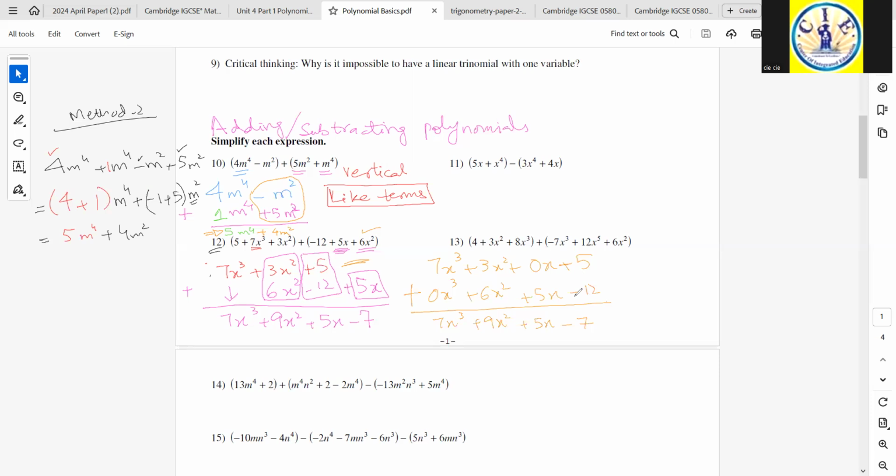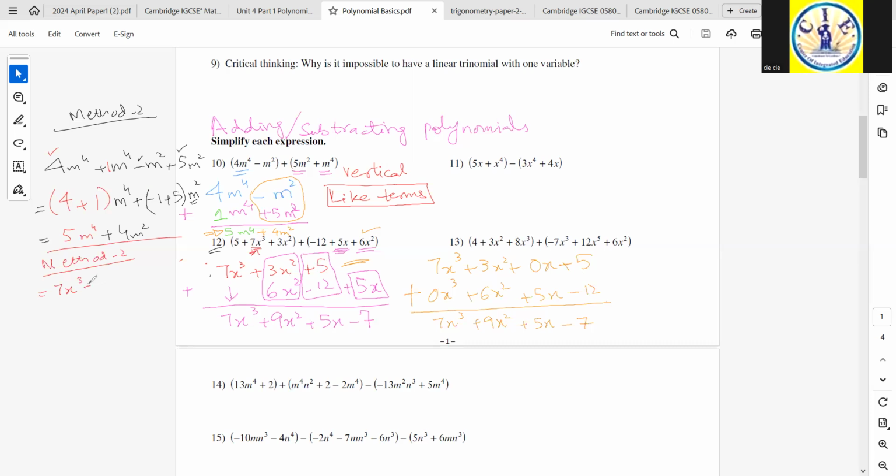And for the horizontal method of addition, this is method 2. What I can do is that I can have 7x cubed written alone because this was the only term.